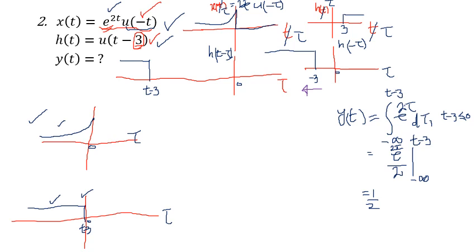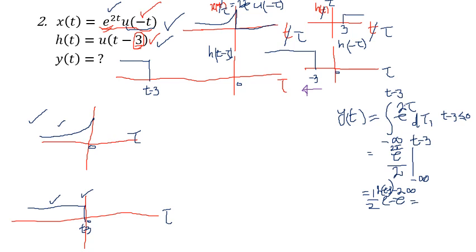So by putting in the values, the upper limit gives e power 2 into (t minus 3), and the lower limit is e power minus 2 infinity.